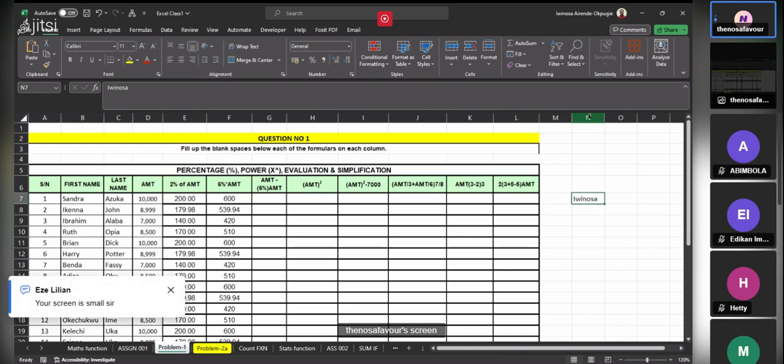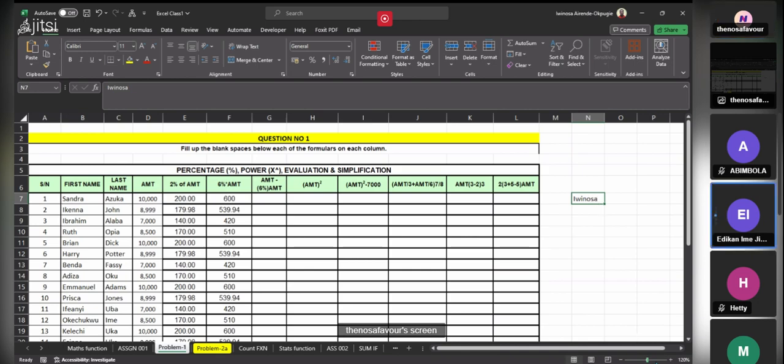Edikan, can you tell me the name of this cell? What cell is this? Where is your cursor? Here. N7. Good. N7.